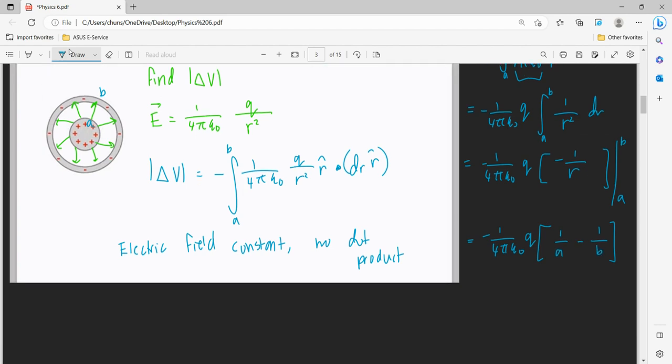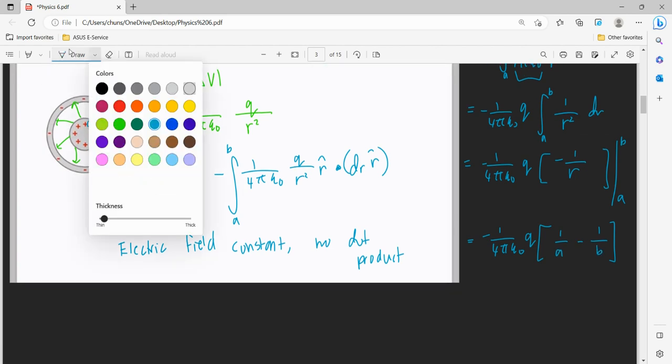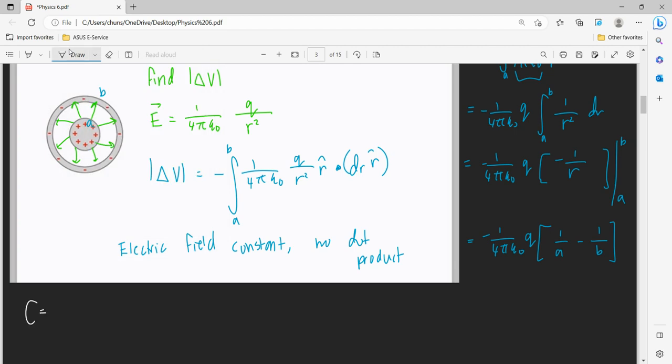Okay, and in our capacitance equation, this looks like q over negative 1 over 4 pi epsilon naught times q. These two q's are going to cancel, and this is 1 over a minus 1 over b.